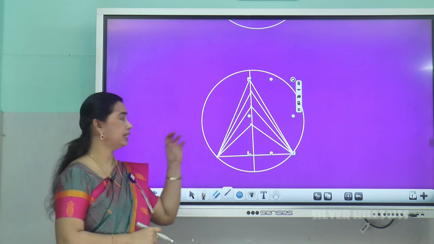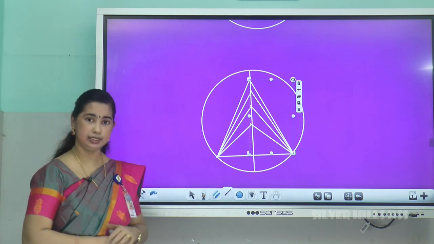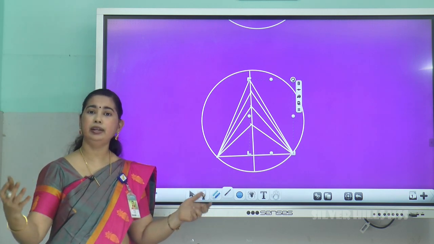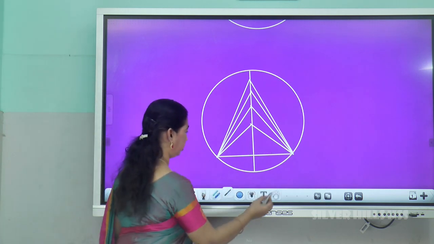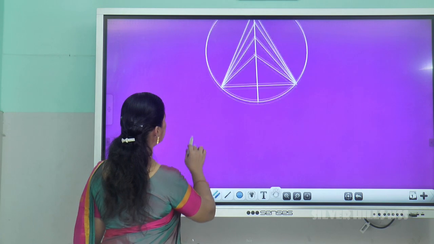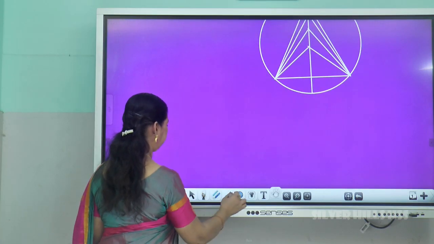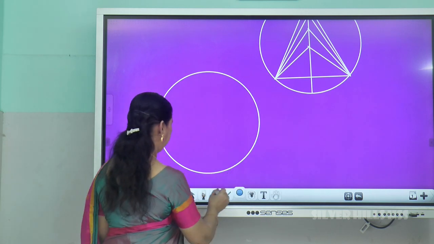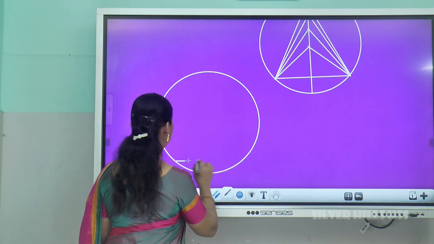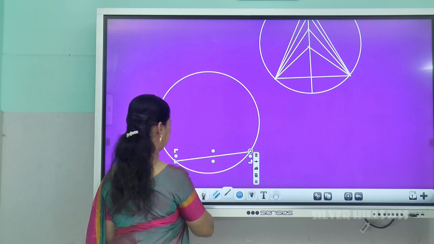To find the center of this particular circle, we need to draw one more chord. So, let us do it in another circle. First we used one chord, but I could not find where the center is.